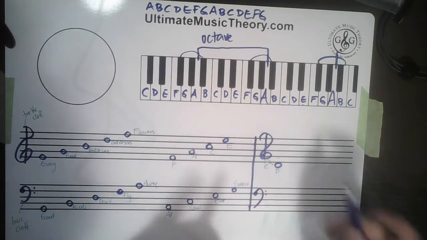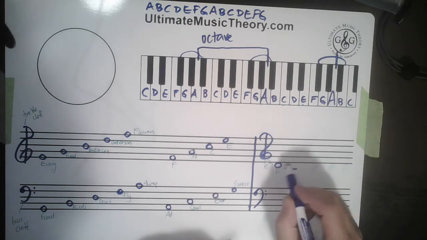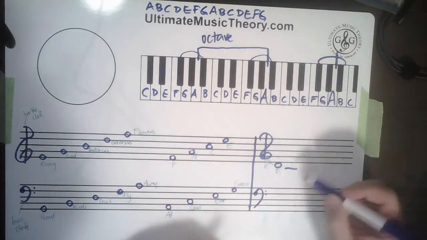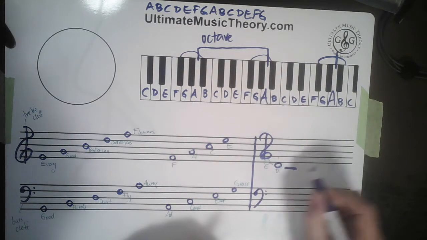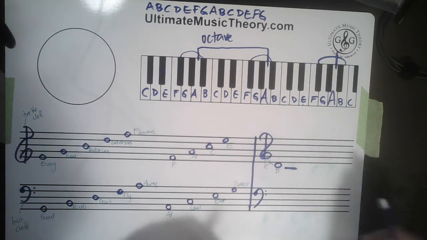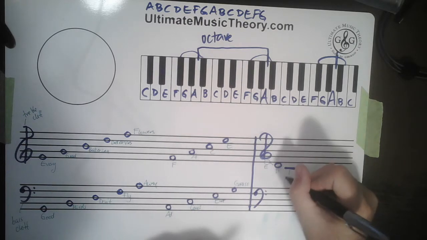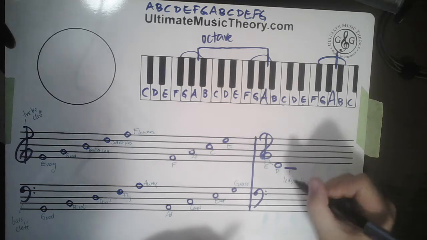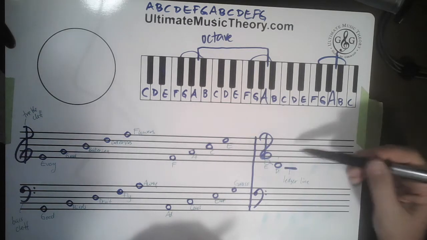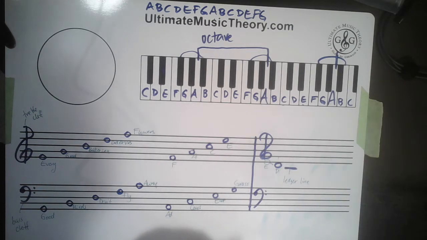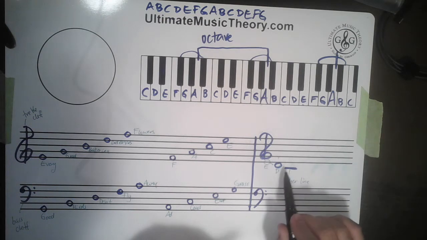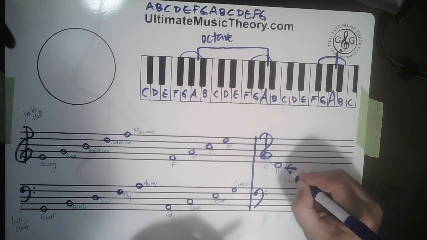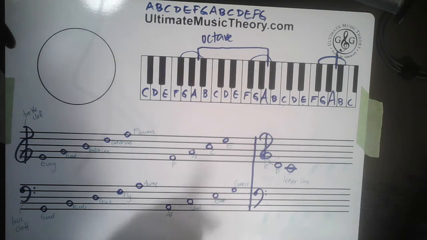Now we can keep going even lower. If we want to go below D, from D we go down to C. So if we want to write C, we have to draw this thing here, which is called a ledger line. And a ledger line basically just means that we're artificially extending the length of our score by drawing this ledger line for one note, just like that.